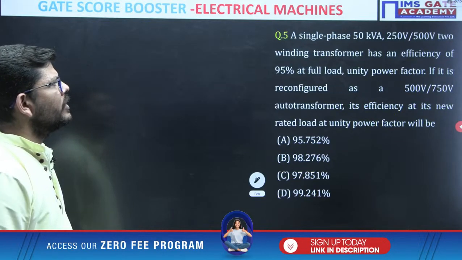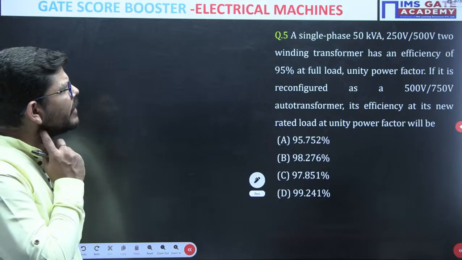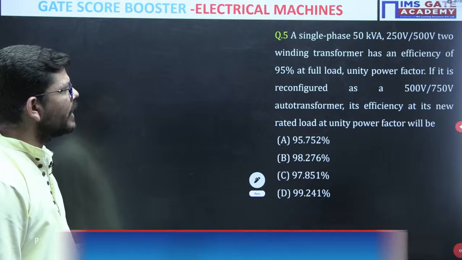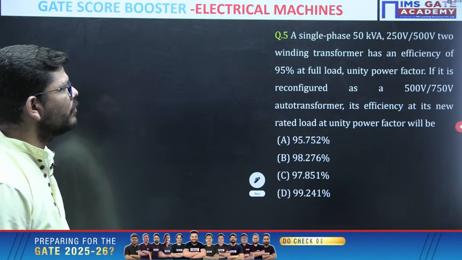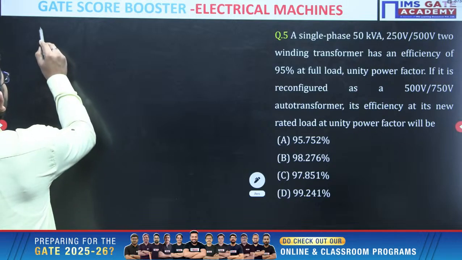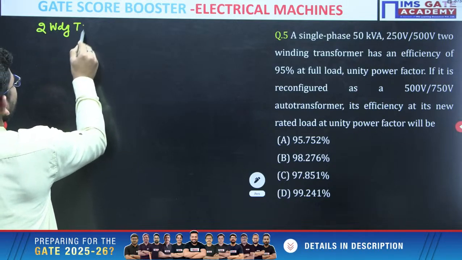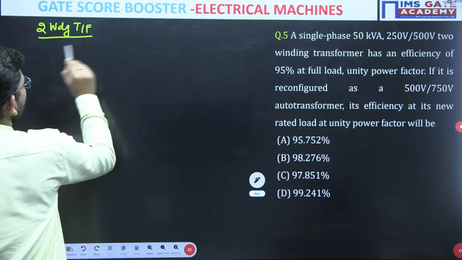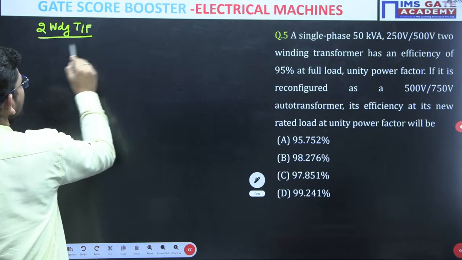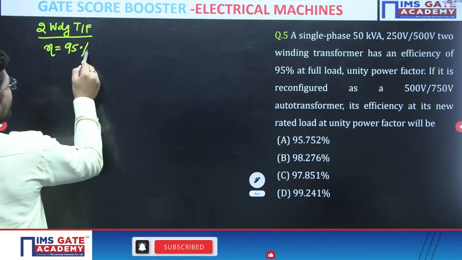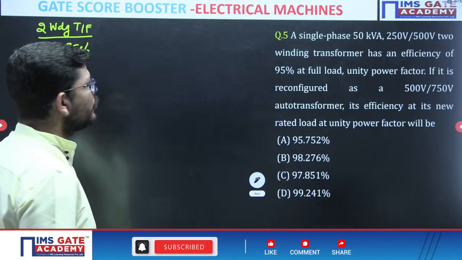Now have a look at this question. A single phase 50 kVA 250 volt 500 volt 2 winding transformer has an efficiency of 95% at unity power factor.